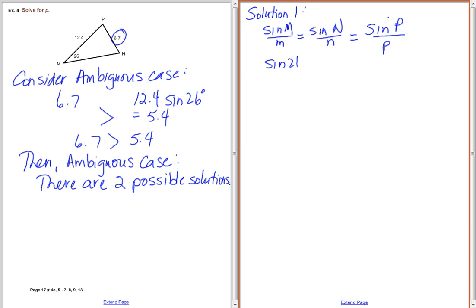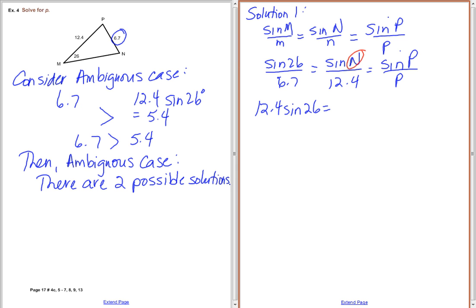Sine M is 26 degrees over 6.7 equals sine N over 12.4 equals sine P over p. So the first thing I'm going to solve for is angle N just by using the sine law. So I'm going to multiply both sides by 12.4, multiply both sides by 6.7, then divide both sides by 6.7 before I touch a calculator.